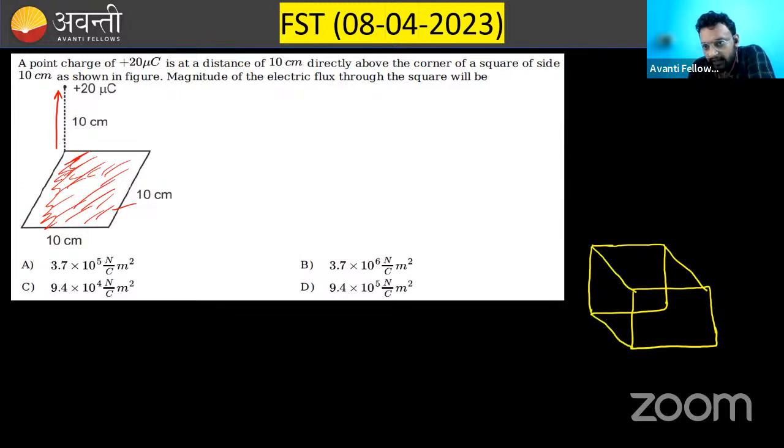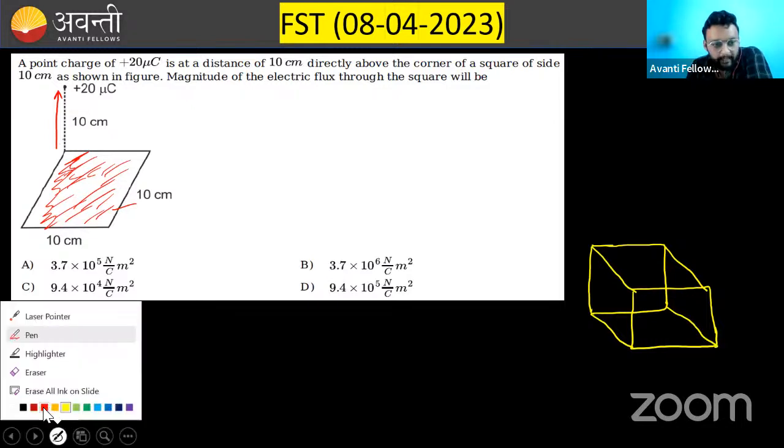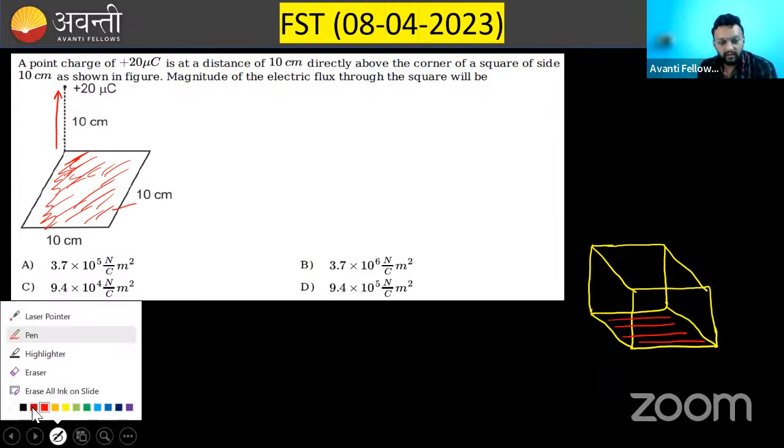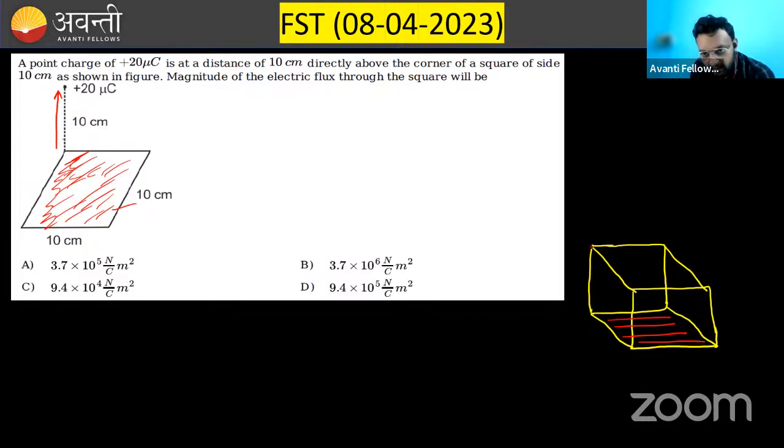According to the question, the square sheet is this one, which is given to us. This is the square sheet of 10 by 10 centimeter. Now, at just above it, at 10 centimeter height, there is a charge Q placed. Q has some value, that is 20 microcoulomb.